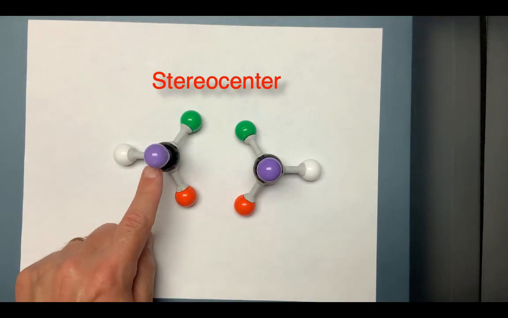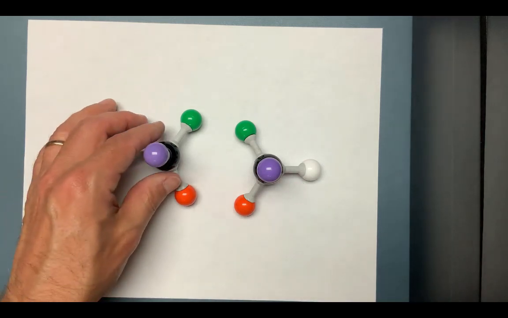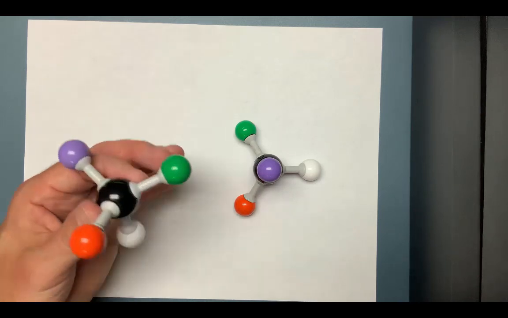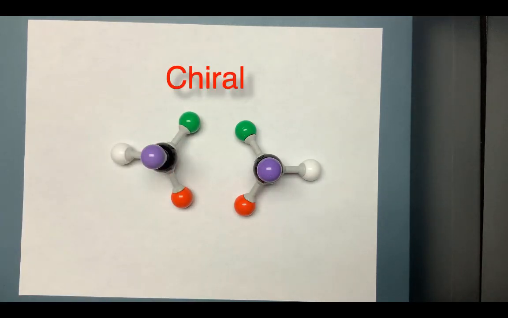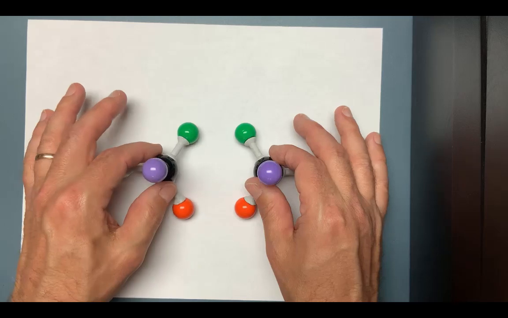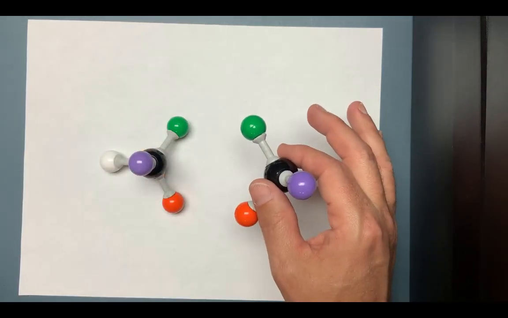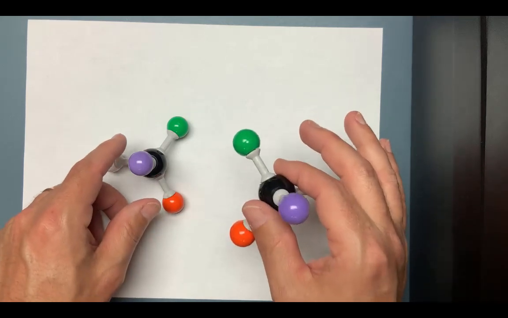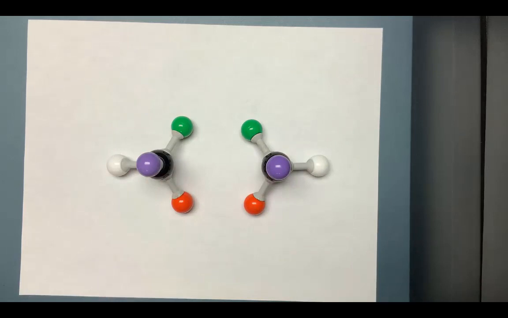And because the molecule has a stereocenter, it can have an enantiomer, and because it has an enantiomer, we say that the molecule is itself chiral. That's C-H-I-R-A-L, but it's pronounced with a hard K sound, chiral. So both of these molecules are chiral. This molecule is the enantiomer of this molecule, and this molecule is the enantiomer of that, vice versa, and they both have stereocenters, just so you get used to some of the lingo.